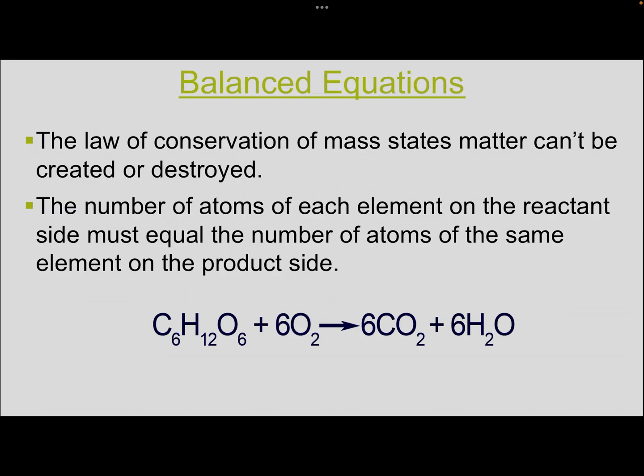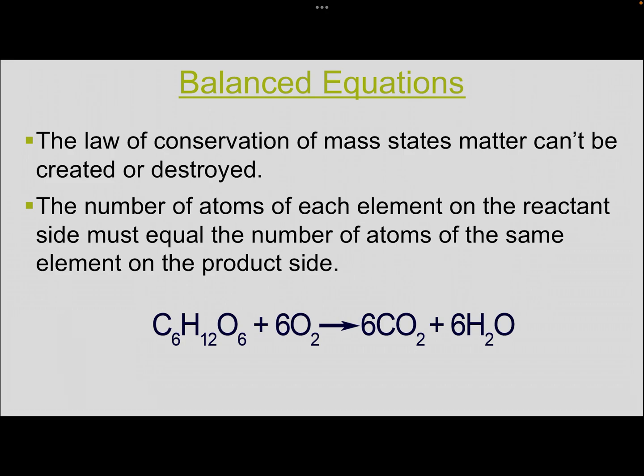When we look at your chemical equations, we have to have the same number of each element on both sides. So if we have 6 atoms of carbon on the reactant side, then we need 6 atoms of carbon on the product side. This is the case because of what we call the law of conservation of mass.